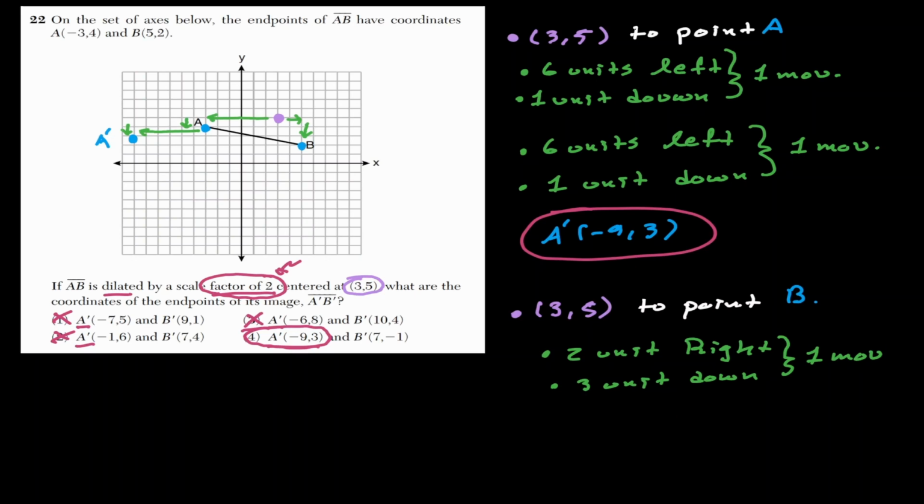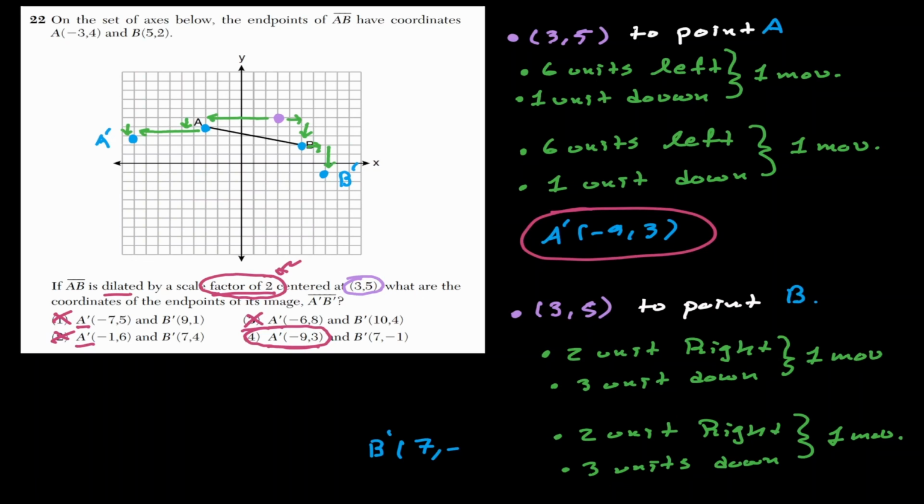Because we have a scale factor of 2, we need to repeat this movement one more time. So now from B, let's move 2 units to the right and 3 down. And it is here where we're going to find the location of B prime, which is at (7, -1). So we have just confirmed that it was option number 4.